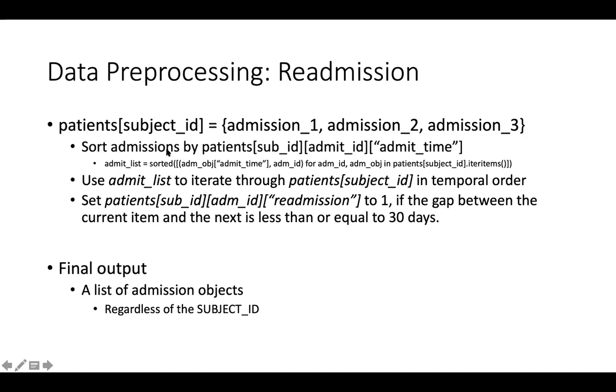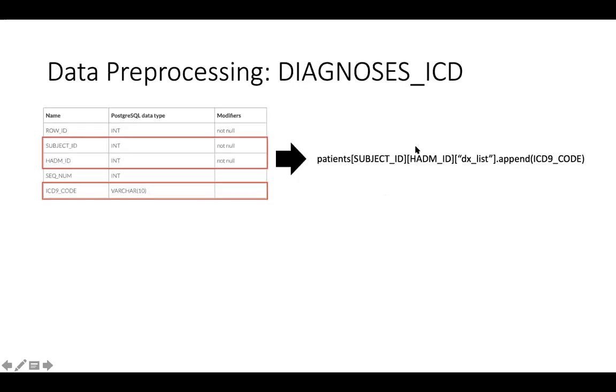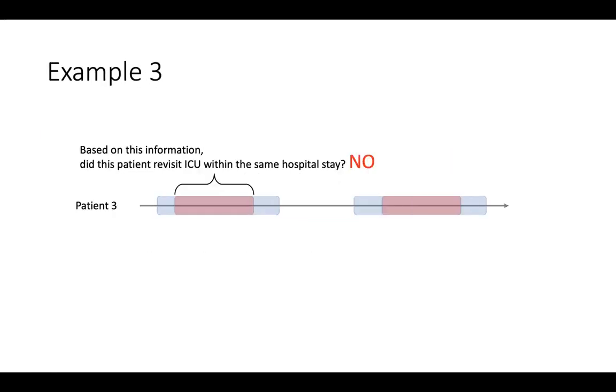You need to sort the admission IDs by their admission time, which is necessary in order to reconstruct the timeline. With the triple nested dictionary, you don't know which happened before and which happened after. You just have a set of admission records. So you need to sort the admissions based on their admission time to construct the timeline, and then you can distinguish whether a patient was readmitted to the hospital within 30 days or not.